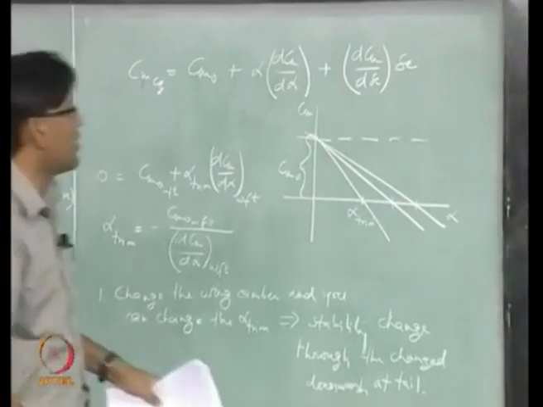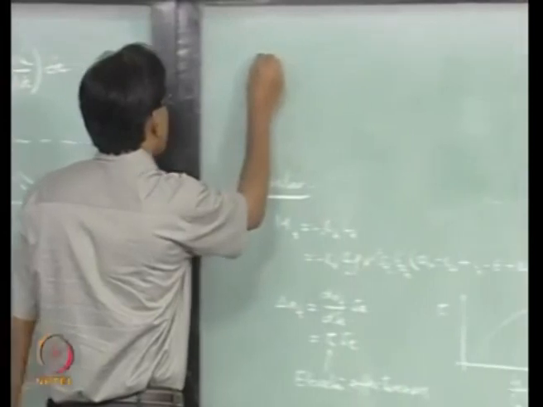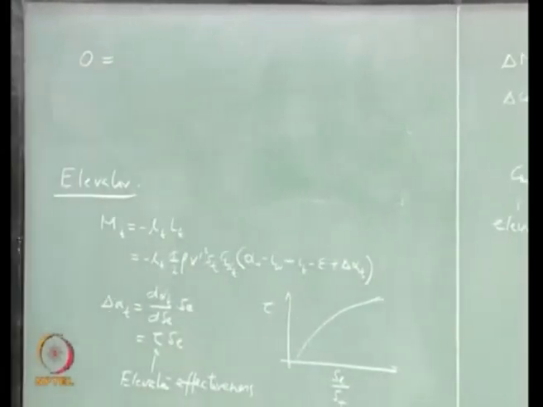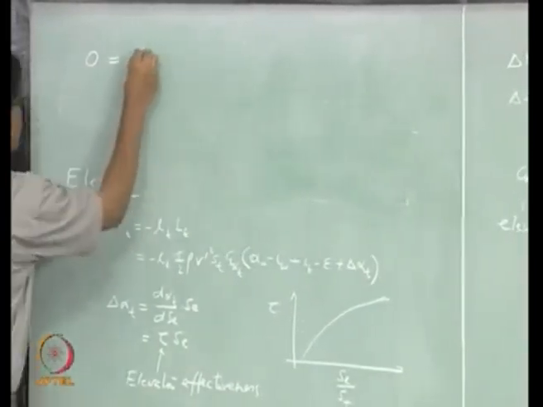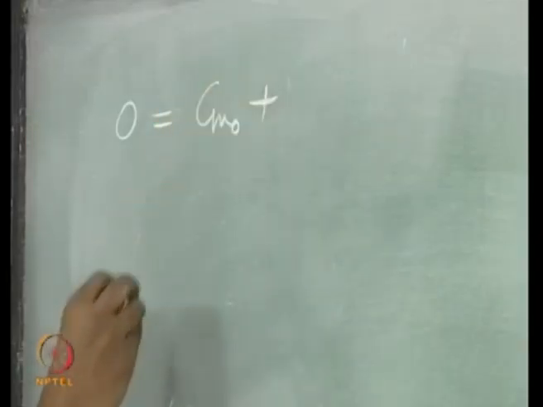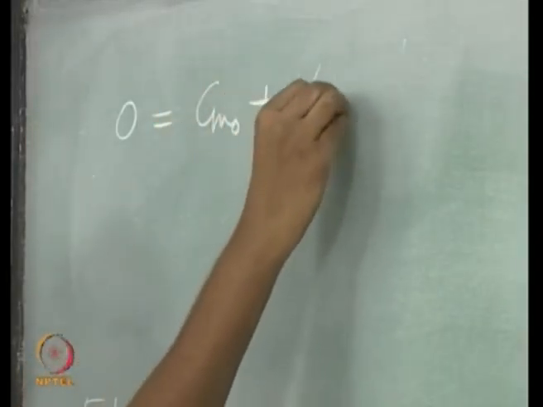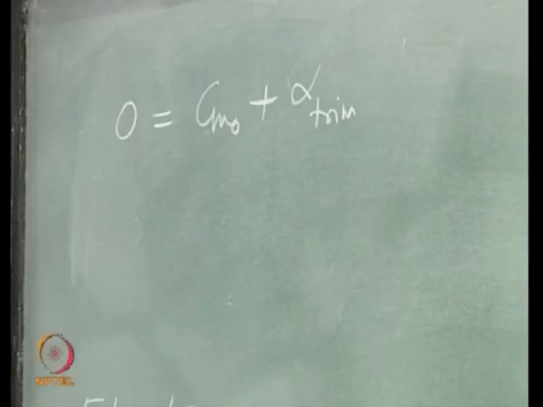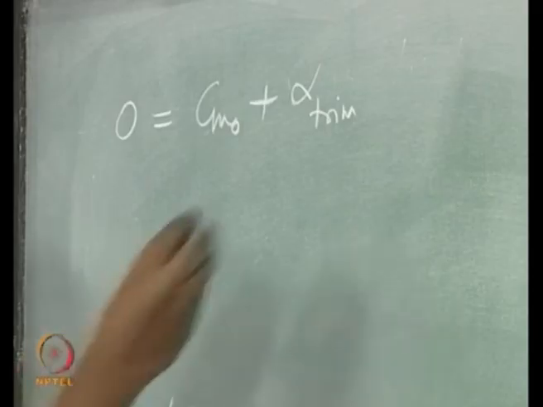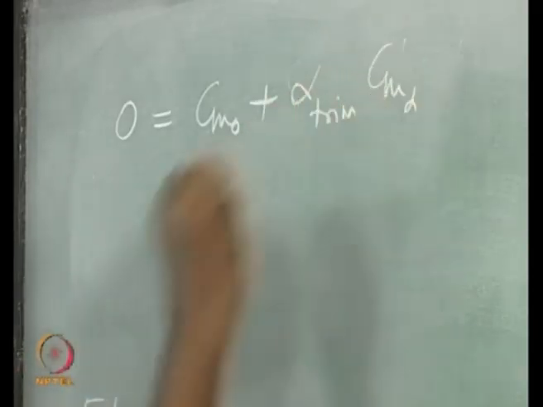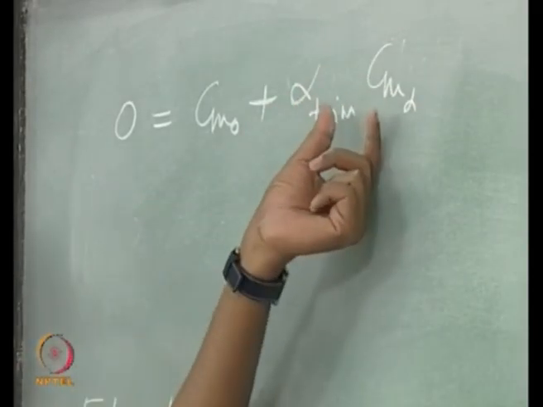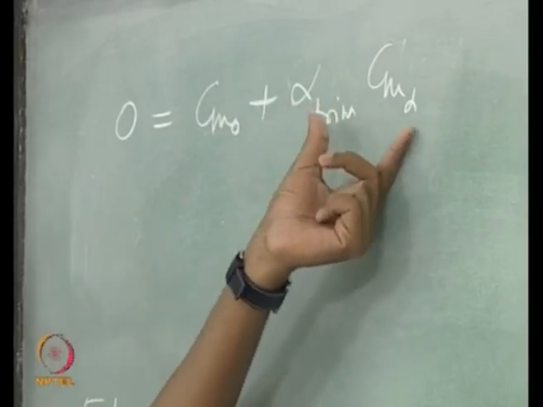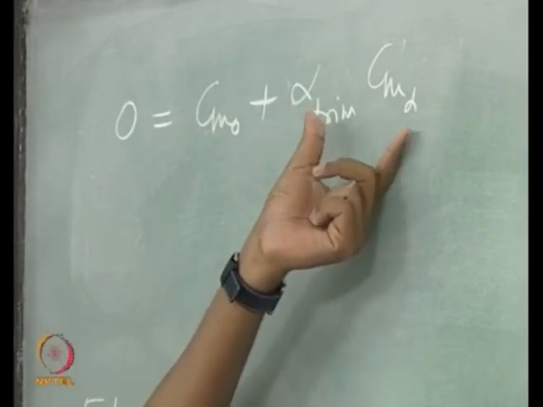No? So now if I want to find out what should be the elevator for a particular alpha, right, that relation we can find out from here, and this is without affecting the stability, isn't it?